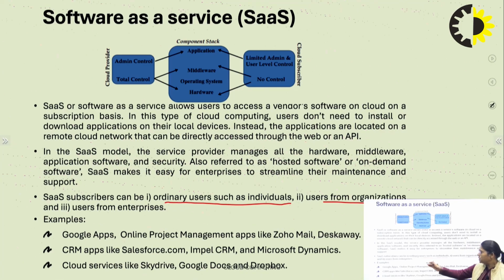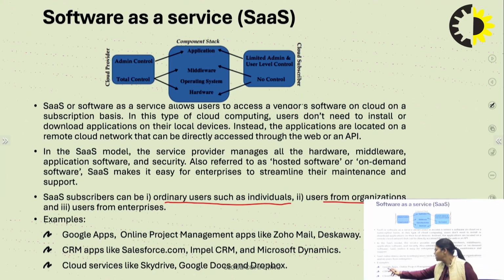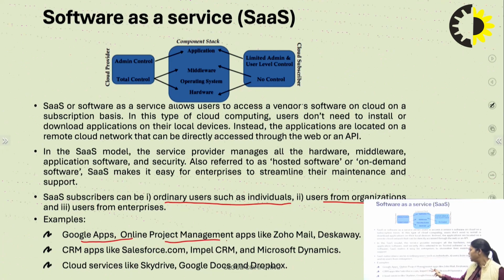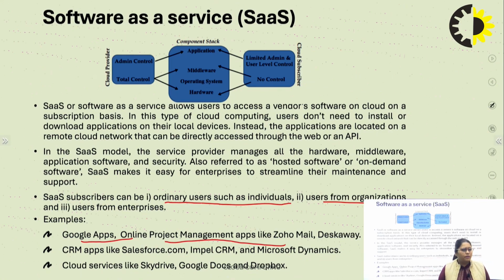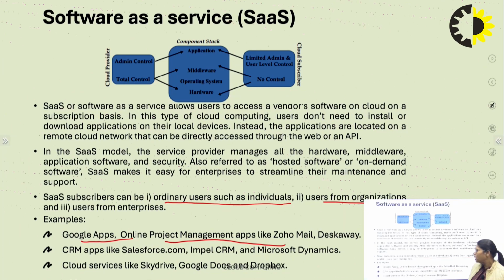These are some examples of SaaS: Google Apps, like online management, Zoho Mail, CRM applications like Salesforce.com, cloud services like SkyDrive, and Google Docs, as I have already given the example of Google Docs. So, these are the types of SaaS services.